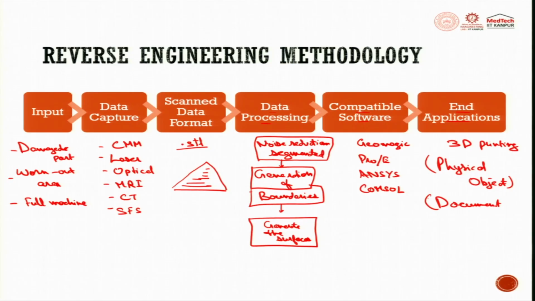Sometimes the physical object is not required. The purpose of reverse engineering is just to understand the process and keep the record with us, so that in future whenever required, that could be used to develop the physical objects or to understand the failure or the broken part, if it is there. So, then documentation. So, these are the outputs here. So, this is the reverse engineering methodology majorly.